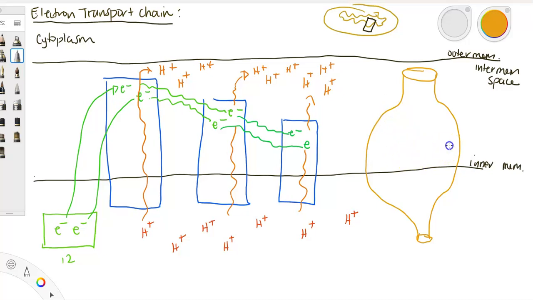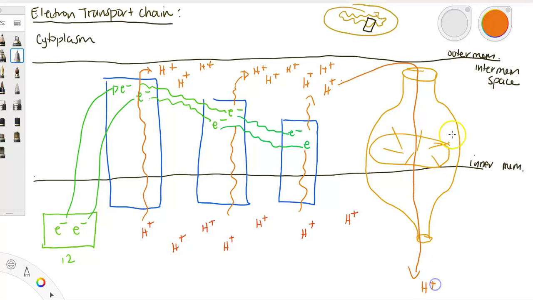And it has this like little crank in it, sort of thing. And basically this is the only way these hydrogens can get back into the matrix. So they're going to come in here, and when they come through and out, it's going to turn this little crank thing.